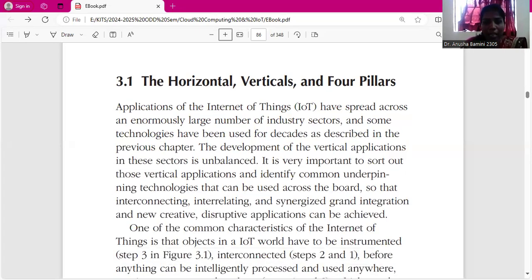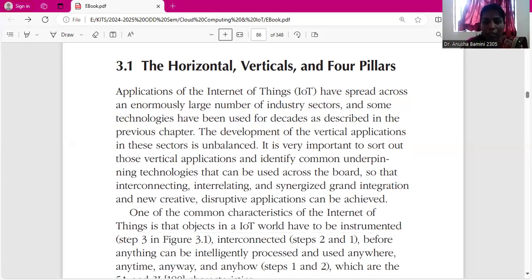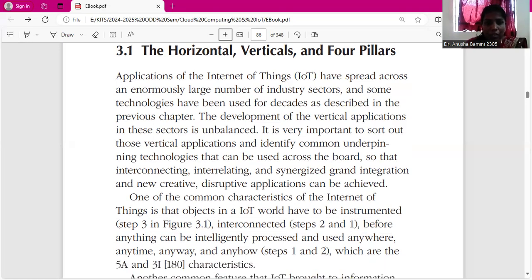The major characteristic of IoT is that the object in the IoT world must be instrumented and interconnected before it is intelligently processed anywhere. The object in IoT may be anything: an air conditioner, a refrigerator, a door, whichever works with IoT technology.